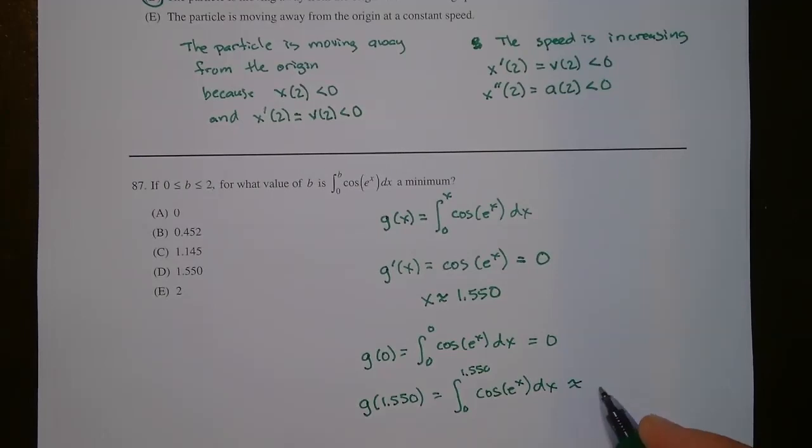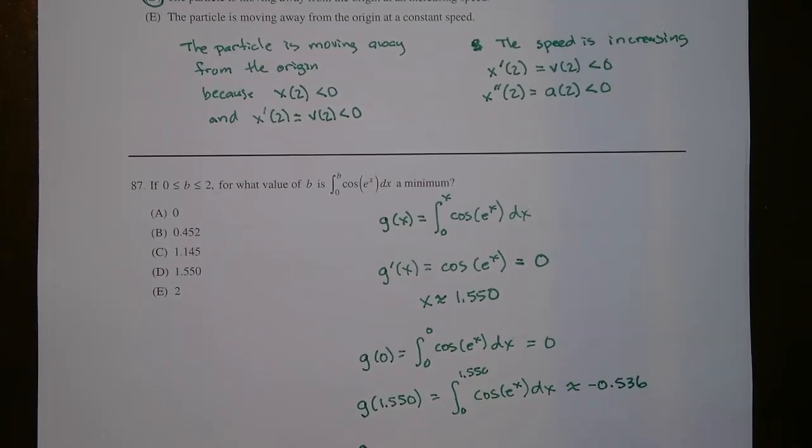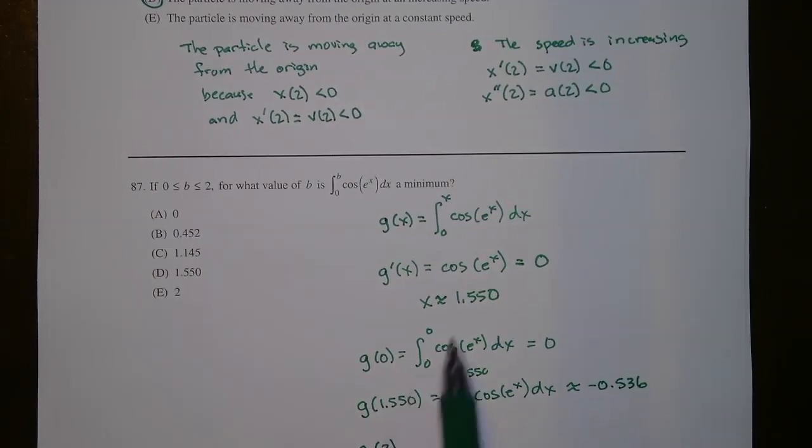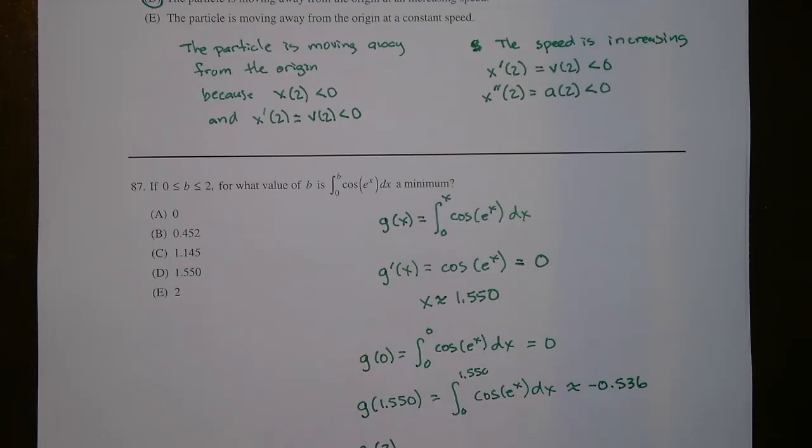Okay, and that turned out to be negative 0.536. Okay, and then we also need to do g of 2. Now there was another one where this happened, right? But we're ignoring it because we're asking for the minimum, and that other one would have to be the maximum, right?